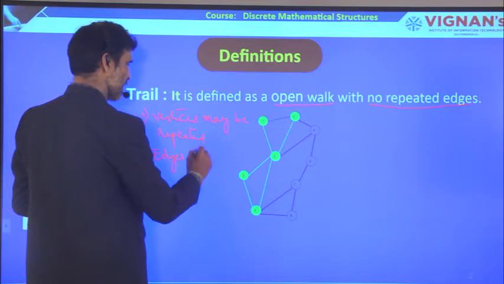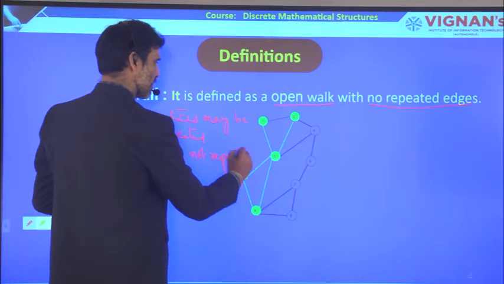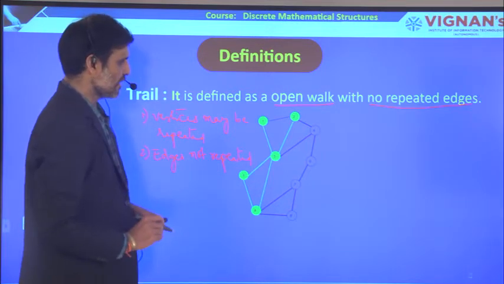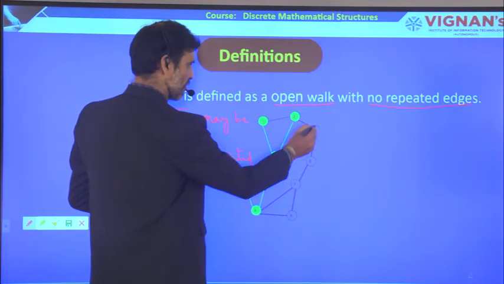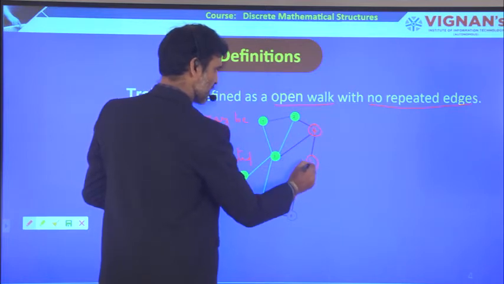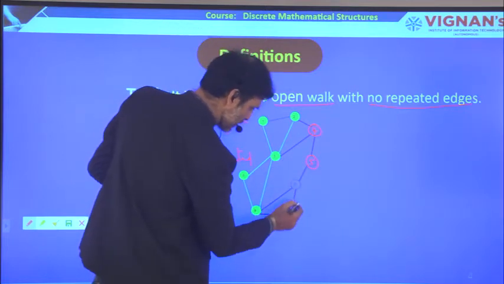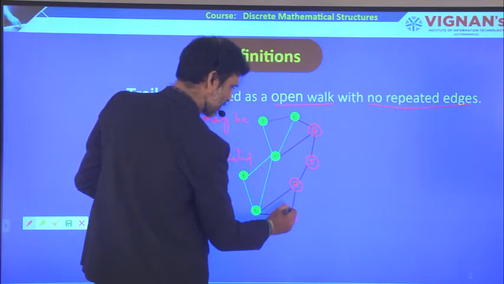Edges not repeated. So in this graph, how many vertices are there in total? 1, 2, 3, this is the fourth vertex, this is the fifth vertex, this is the seventh vertex, and this is the ninth vertex.